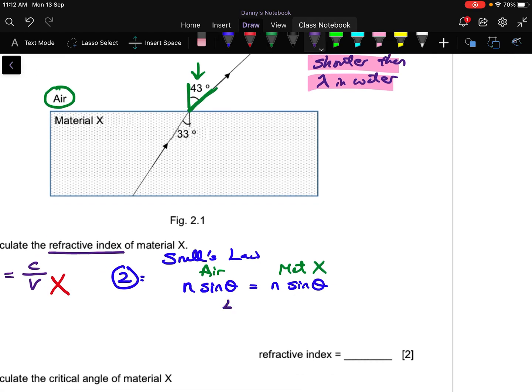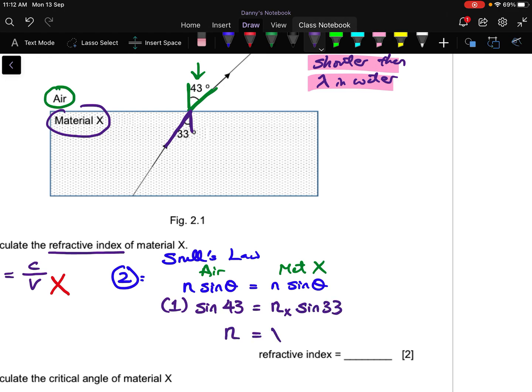So you can substitute 43 in here, and n of air is always 1. Then you want to find the refractive index of material X, so you write it there, and this is your material X side. The angle between the normal and the ray is 33.